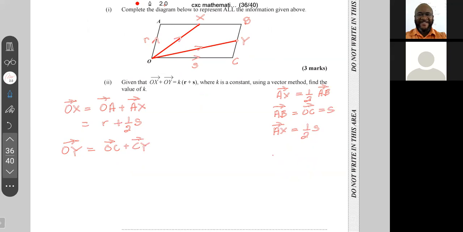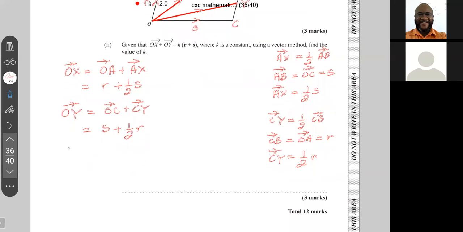Now CY is a half of CB, and CB is the same as OA, which is R. So CY is a half of R. So this is equal to S plus a half of R.